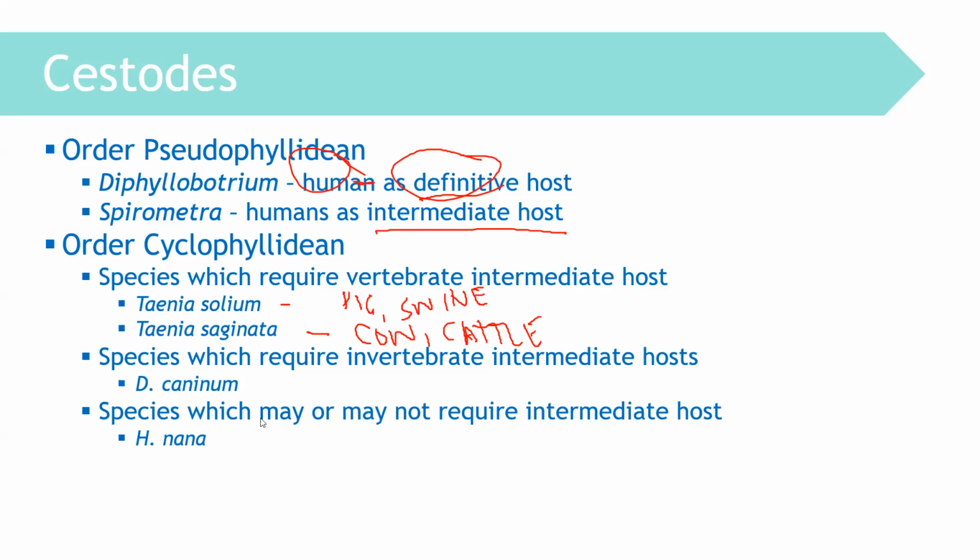These are considered as your dog or cat tapeworm, but take note guys, no, yung fleas, the cat fleas and the dog fleas serve as the intermediate host of Dipylidium caninum. And lastly, we have your Hymenolepis nana, which may or may not require intermediate host. Later, we're going to discuss what is the intermediate host of your Hymenolepis nana. All right.